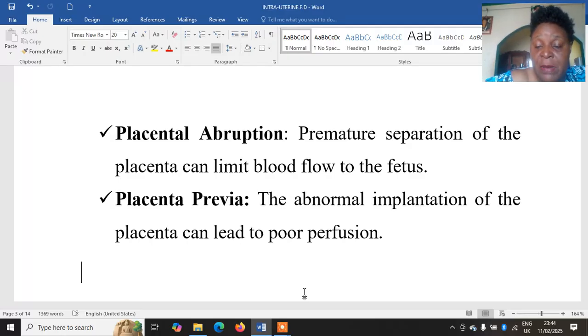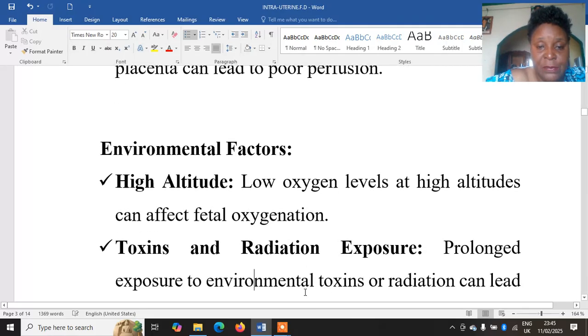All of us remember the structure of the uterus, that in the lower segment we have the longitudinal muscles in the isthmus, and sometimes this placenta goes further to implant even over the cervical os. So this brings about poor perfusion, that the placenta cannot work normally to perfuse the nutrients from the maternal to the fetal side.